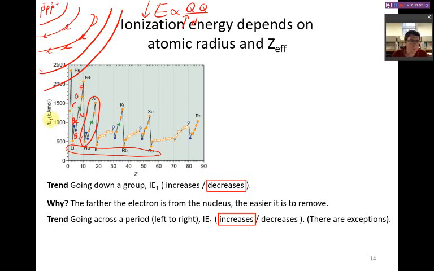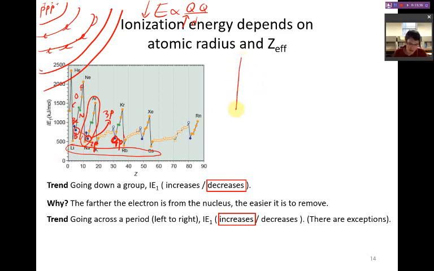Should be up there. What we see is that when we start a new subshell, this is the start here of a new subshell. This would be the 2p subshell, or the 3p subshell, or the 4p subshell. Those electrons are easier to remove, and that's because there is some slight shielding.